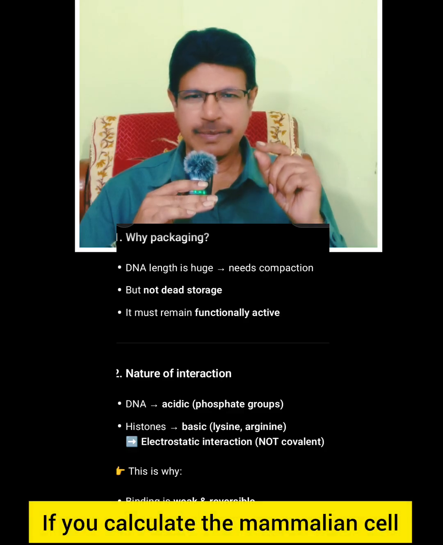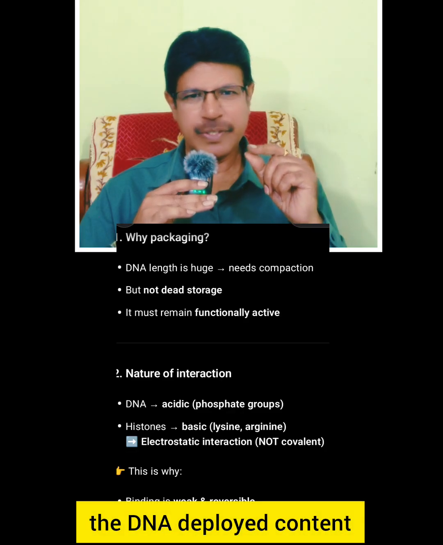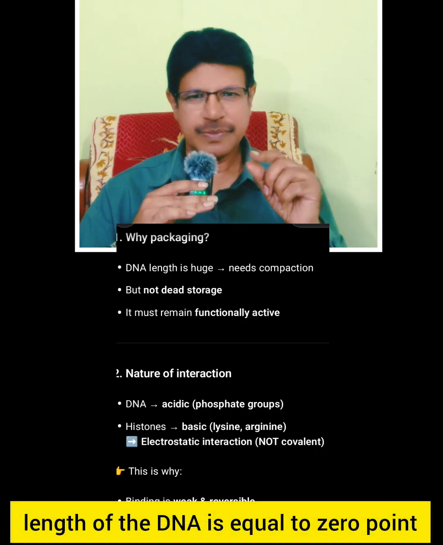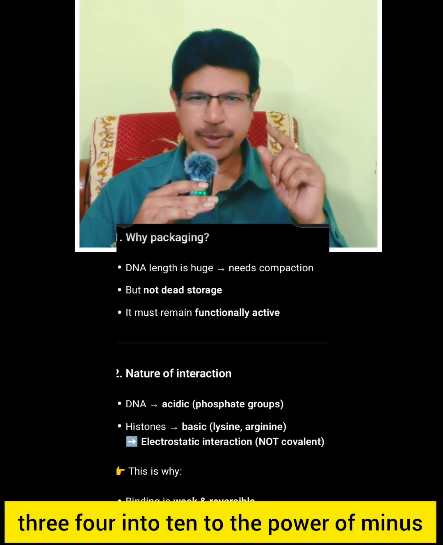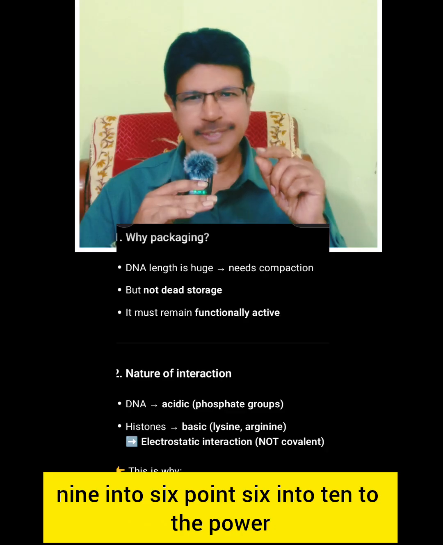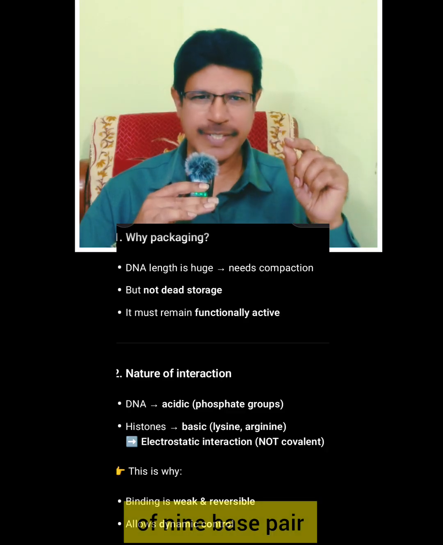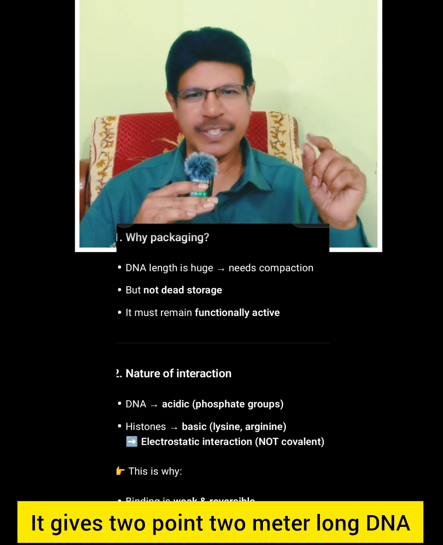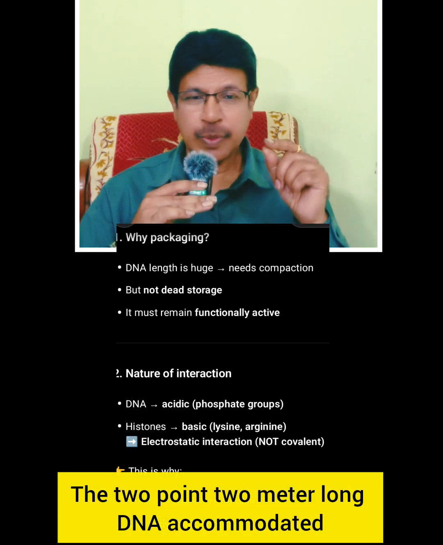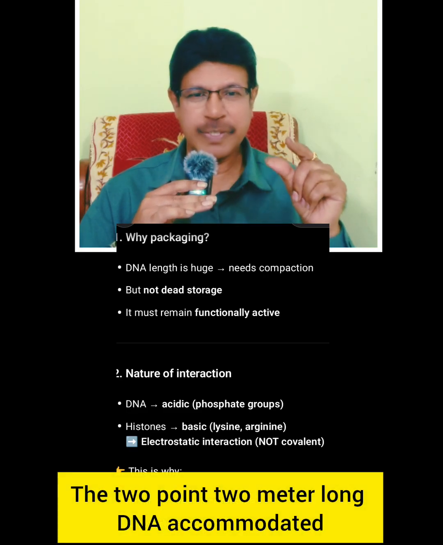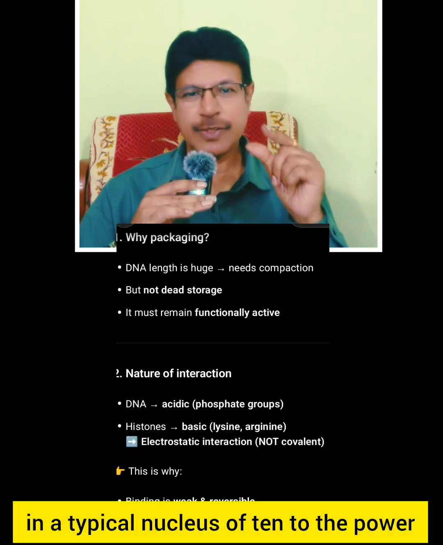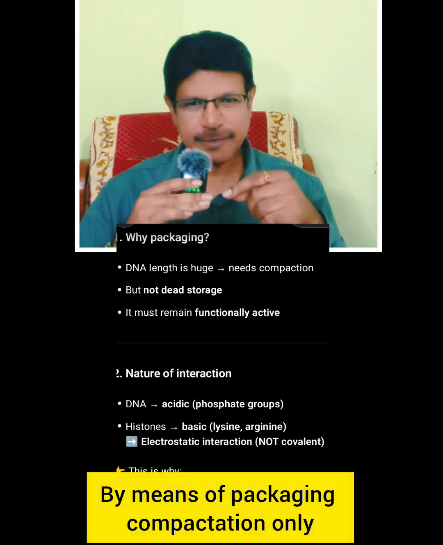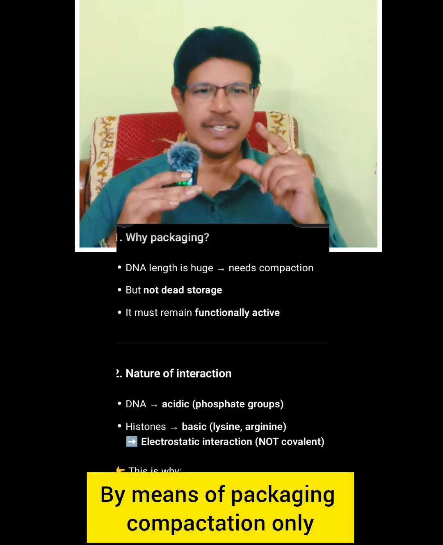For the mammalian cell, the diploid DNA content, length of the DNA is equal to 0.34 into 10 to the power of minus 9 into 6.6 into 10 to the power of 9 base pairs. It gives 2.2 meter long DNA. The 2.2 meter long DNA is accommodated in a typical nucleus of 10 to the power of minus 6 meter. How is it possible? By means of packaging, compaction only.